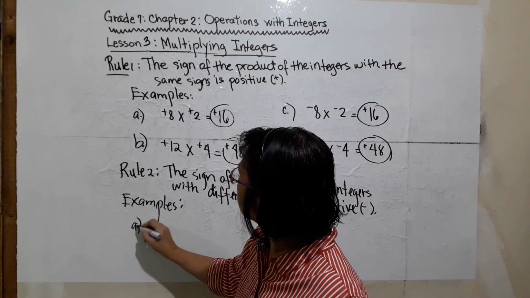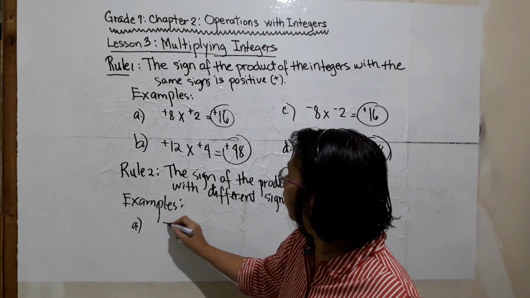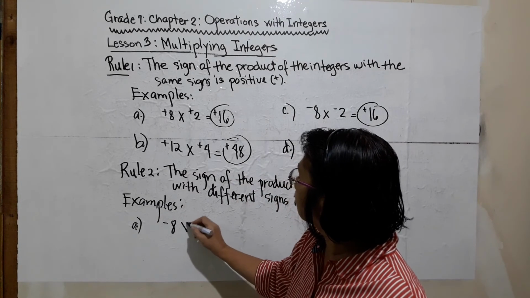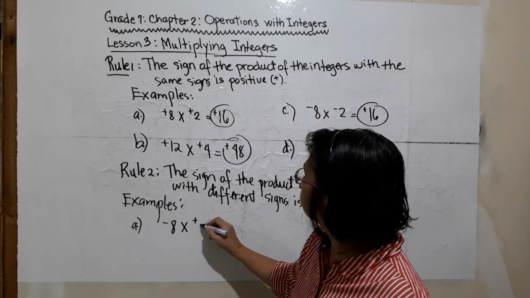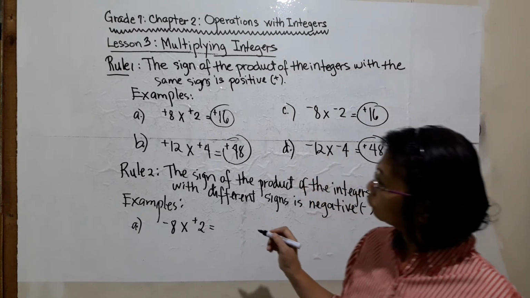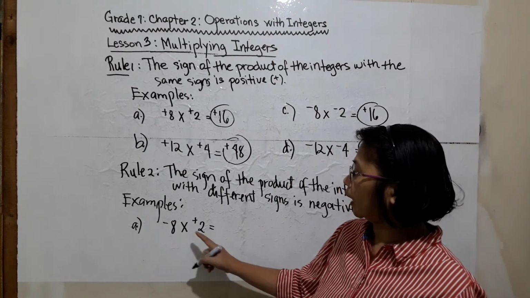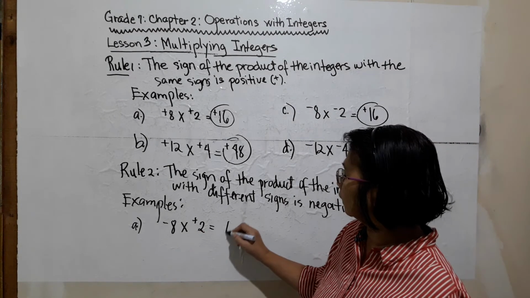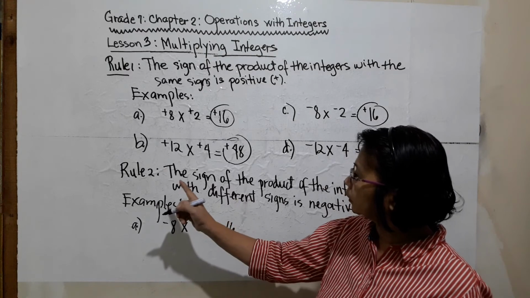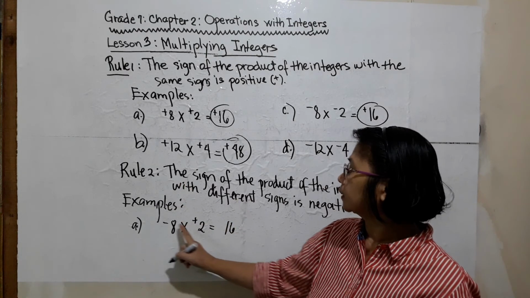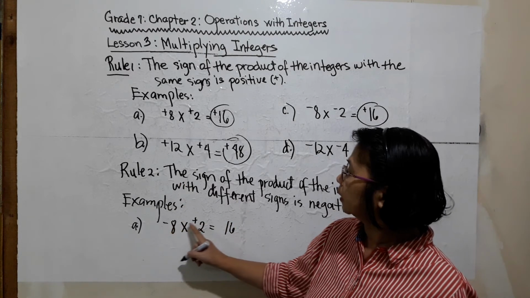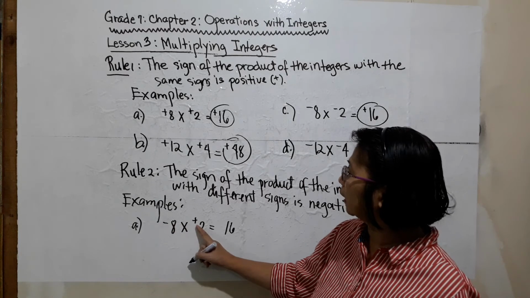Letter A. If I have negative 8 times positive 2, multiply the numbers. 8 times 2 is 16. But rule number 2, the signs of the integers are different.